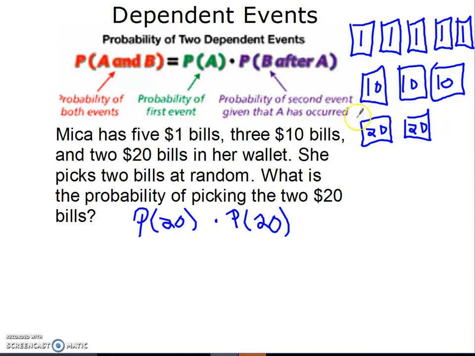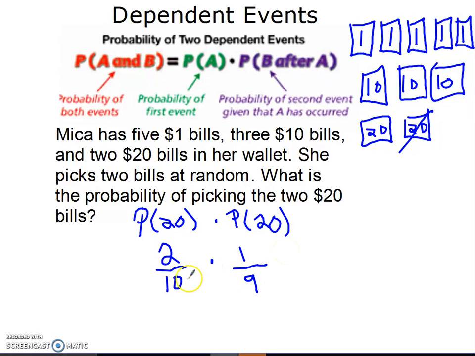So how many 20s do we start with? 2. Out of a total of 1, 2, 3, 4, 5, 6, 7, 8, 9, 10. So 2 tenths. But now one of these 20s is gone. We spent it on a shirt. Now, without replacing it, we only have 1 $20 out of 1, 2, 3, 4, 5, 6, 7, 8, 9 options.